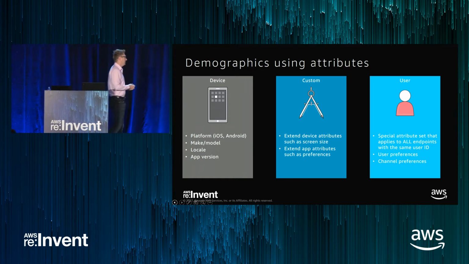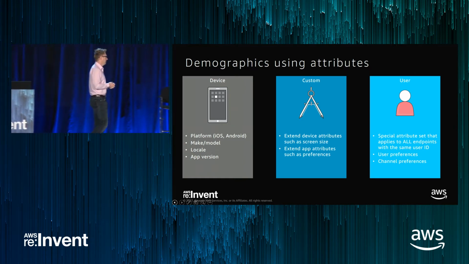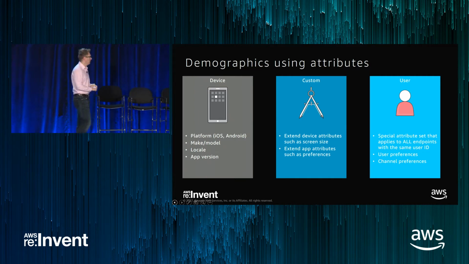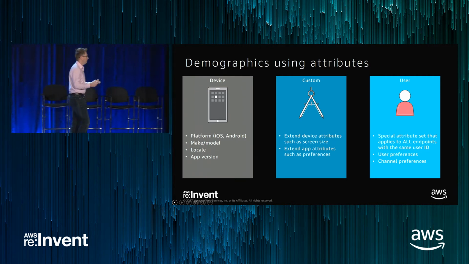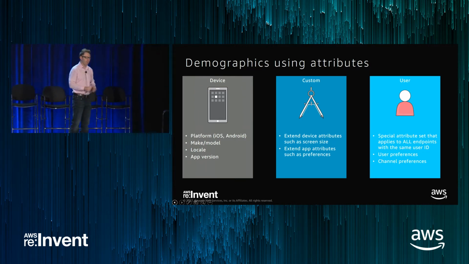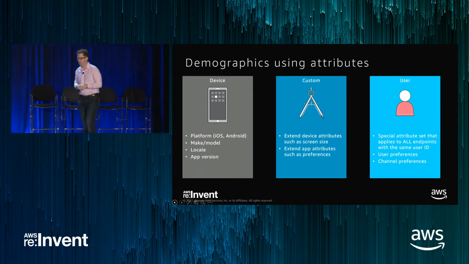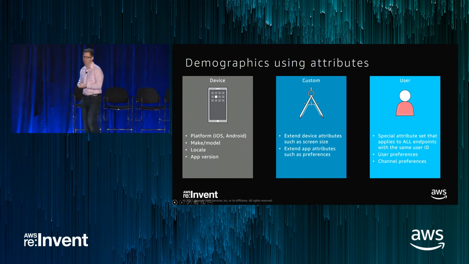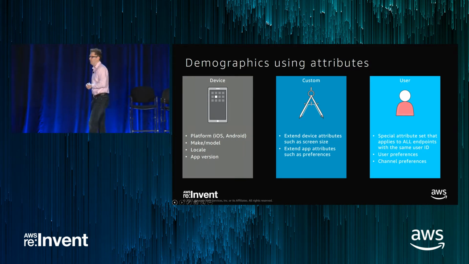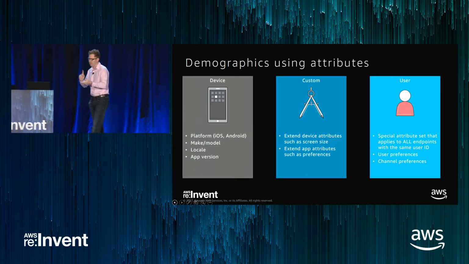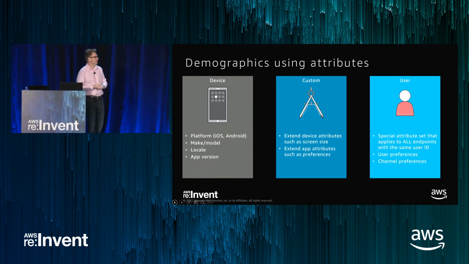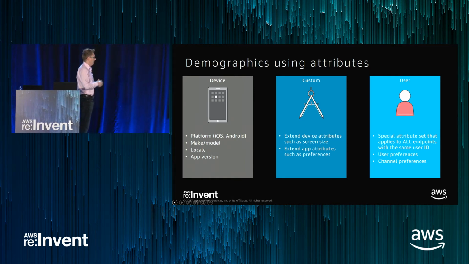So this is cool because this gives us a platform where we can do things like manage user preferences. So it could be, for example, a channel preference. Let's say we have a new customer, they come in and they say, you know what, I don't want you text messaging me, but I'm okay with you emailing me. You can set that user preference. They can set it on their tablet, their phone, their email, and you can read that user preference and then know how to message that customer.